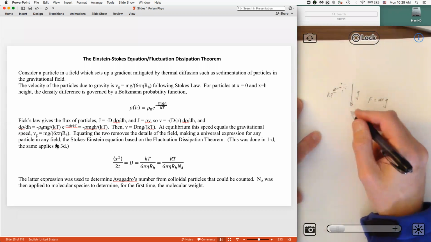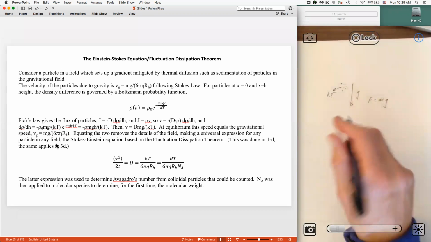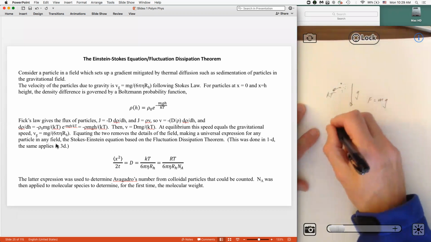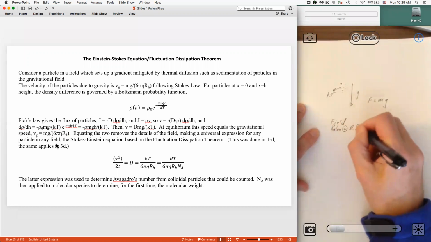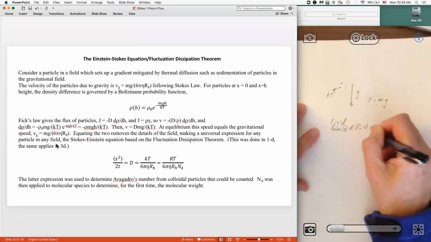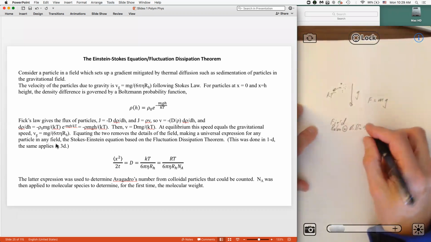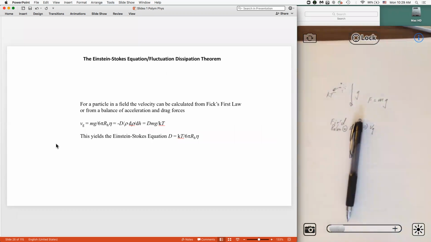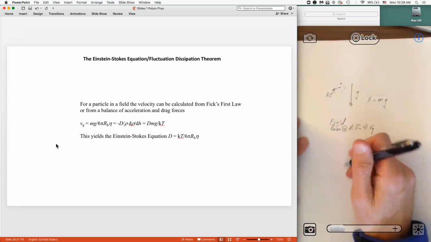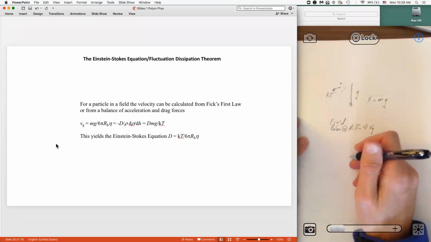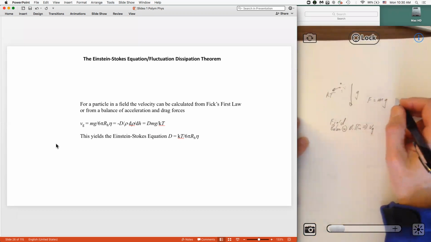So you can get the velocity of this thing in 2 different ways. You say the field balance with diffusion gives me a velocity, this vg. And the other way you can get the velocity is by considering the drag force.